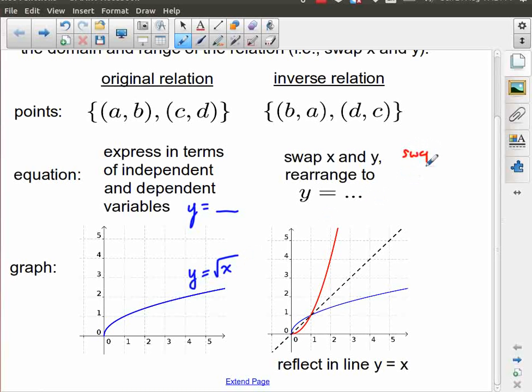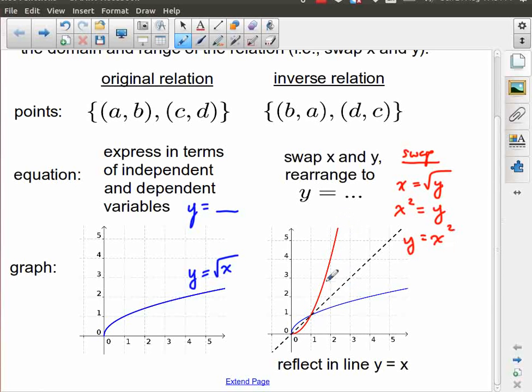We perform this swap of x and y, so we end up with x equals the square root of y. In order to get y isolated, I square both sides, so I end up with x squared equals y. And if I write that in the more traditional sense, y equals x squared, that is the equation of a parabola.